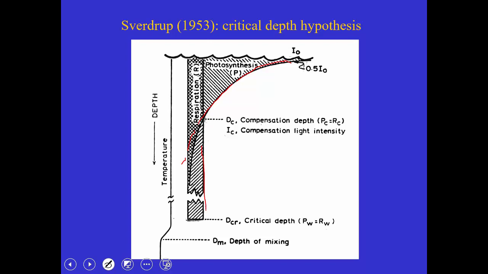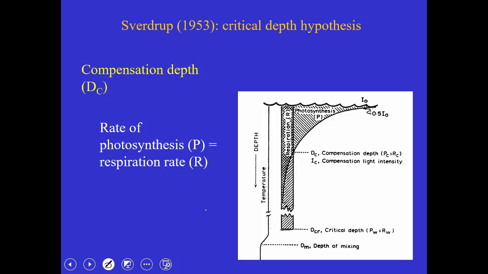One is the compensation depth. And the compensation depth is when the per meter cubed rate of respiration equals the per meter cubed rate of photosynthesis. So that's right when those two lines cross each other. That's one of the depths that he noted.